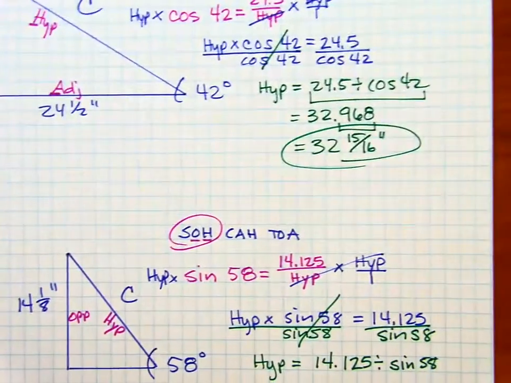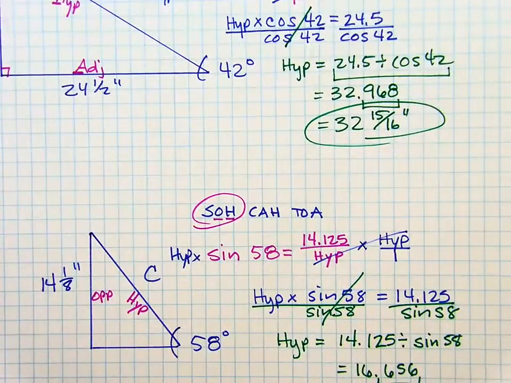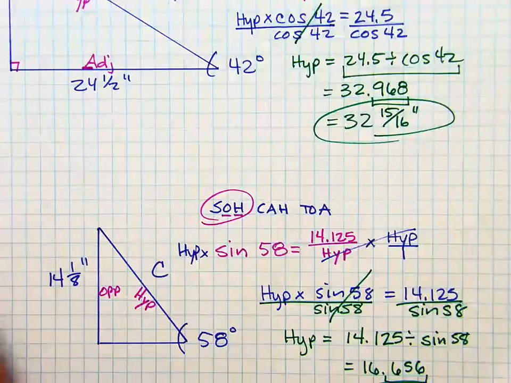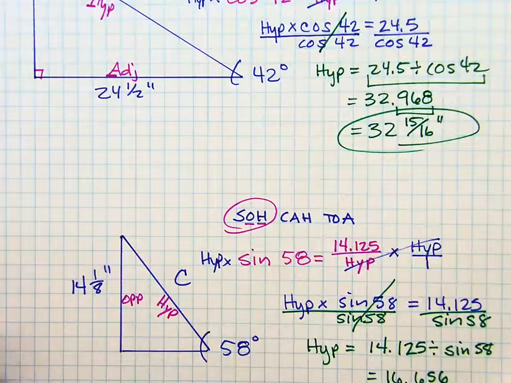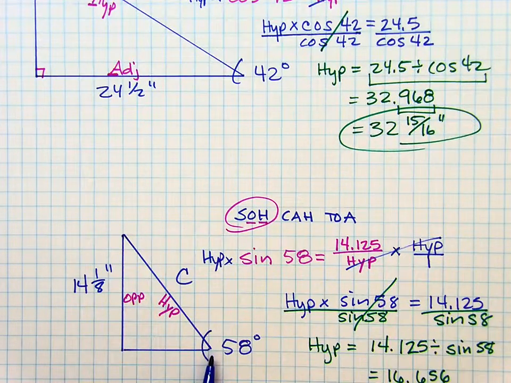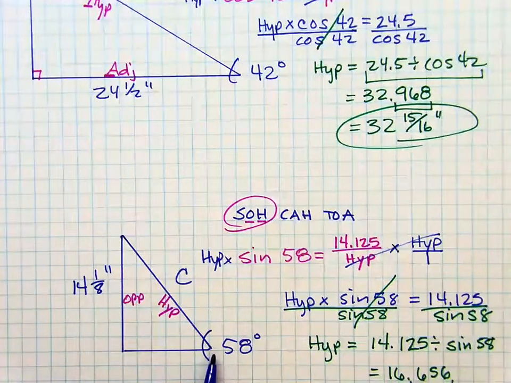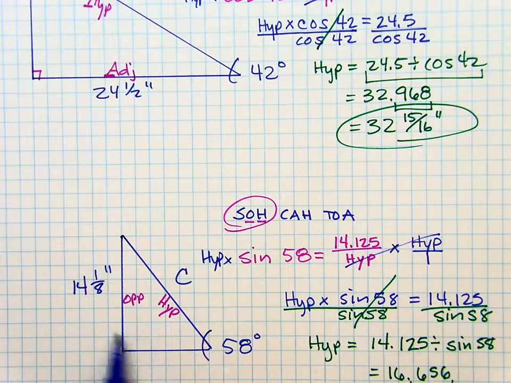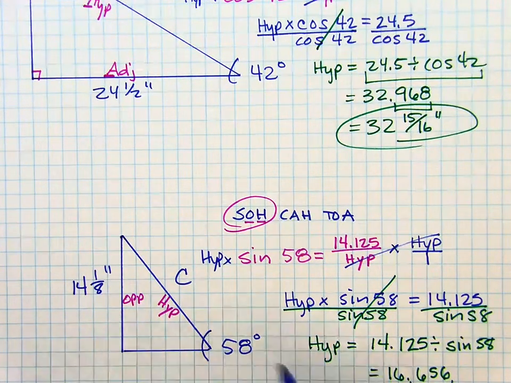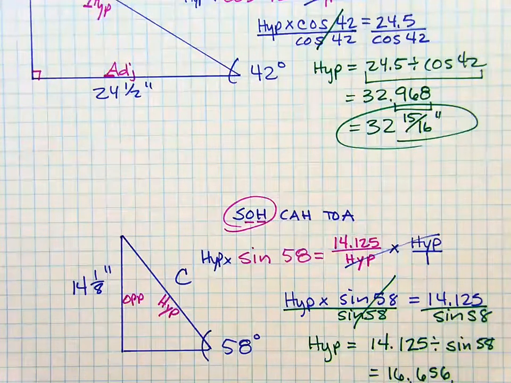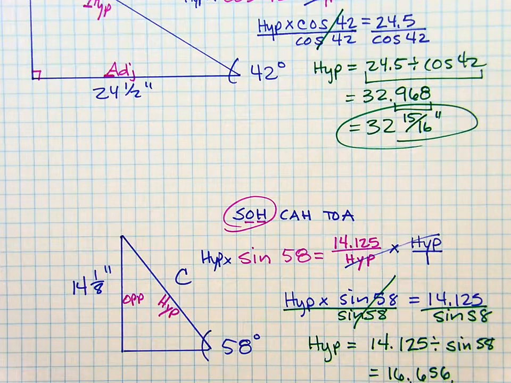But the key thing with all of these problems is draw the triangle, label the sides in reference to your angle, and then choose the function that has what you have and what you want. And then, of course, set it up so that you can solve for that unknown side. If you have questions, again, ask me in class and we can do more. You'll get lots of homework, lots of practice this quarter.